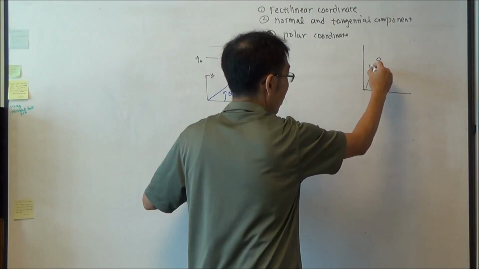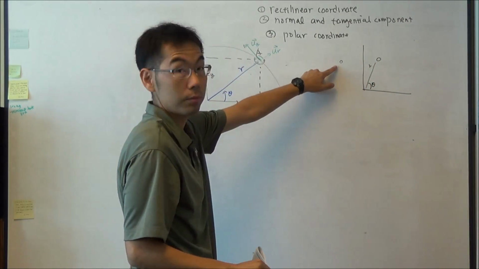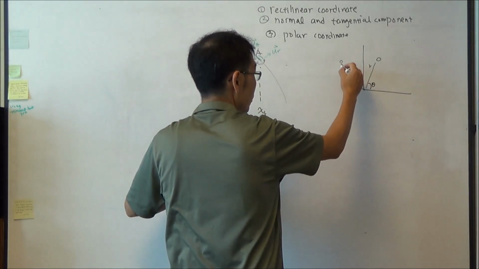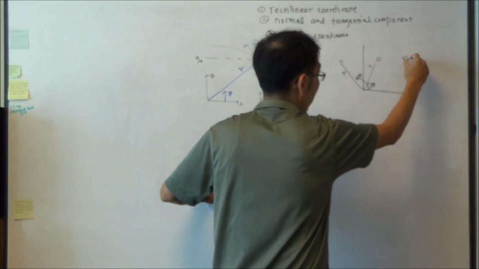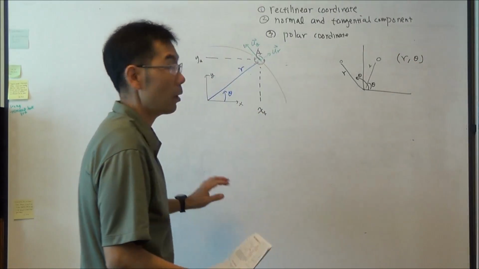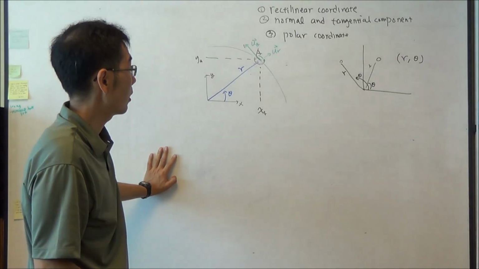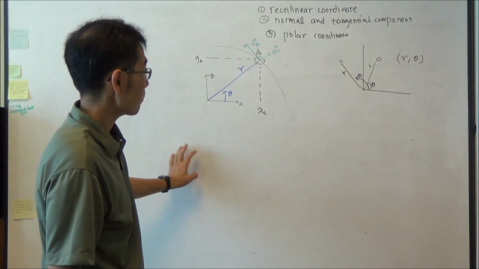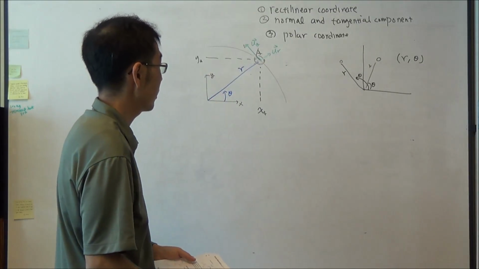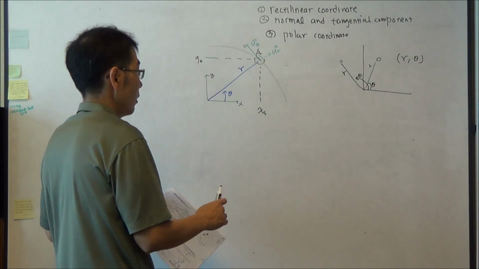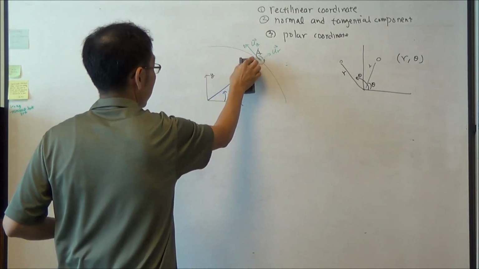I simply use r and theta. How about here? How do you represent this position? I simply use my r and this theta. So using the r and theta, that's the polar coordinate system, instead of using x and y coordinates. Okay, then if you use the polar coordinate system, forget about the x and y.